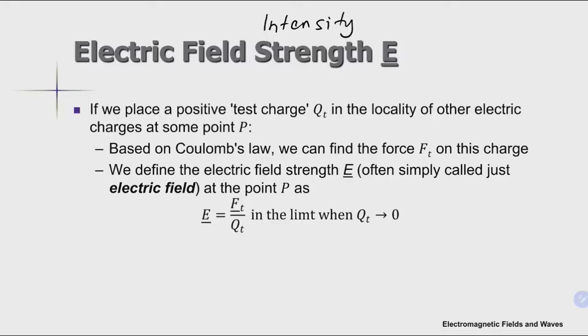And then we simply define the electric field as the force Ft divided by the test charge magnitude Qt. And then we said that the electric field E equals F over Qt in the limit of Qt going to 0.